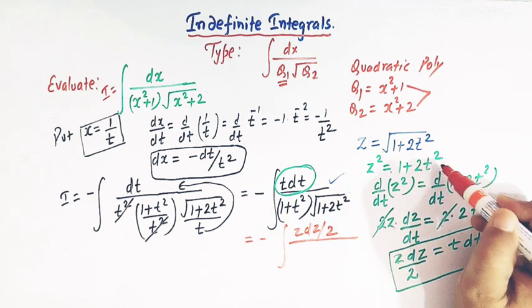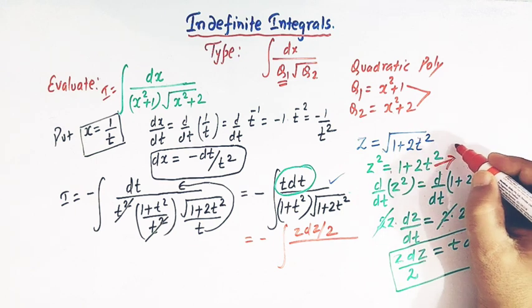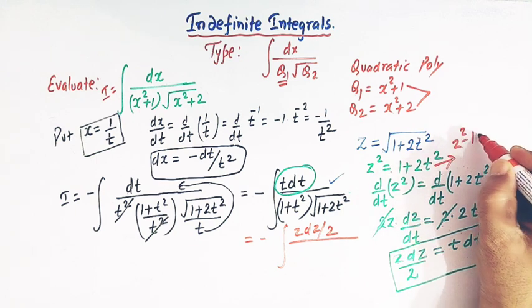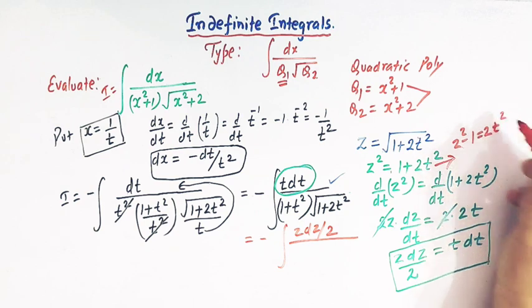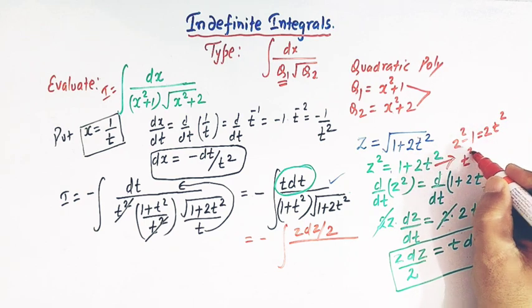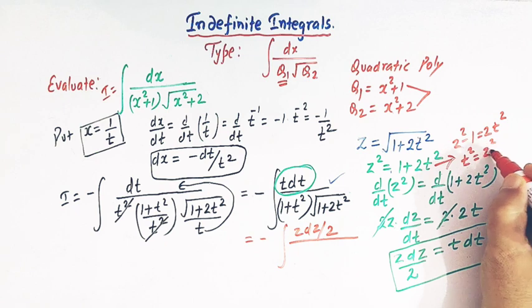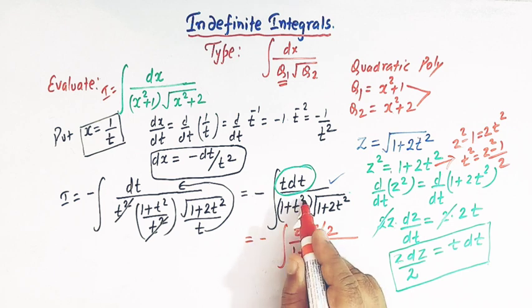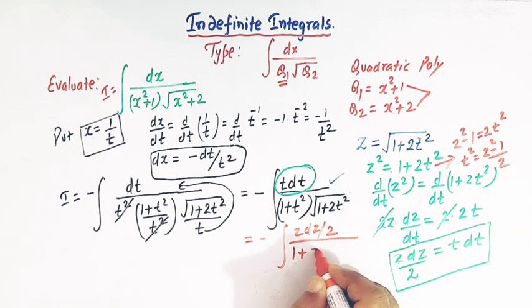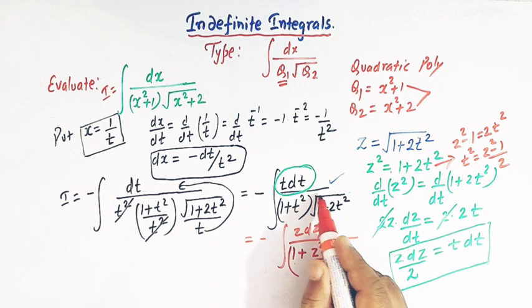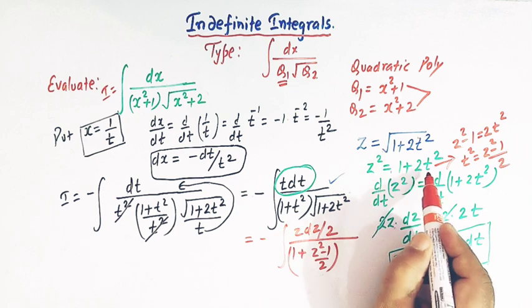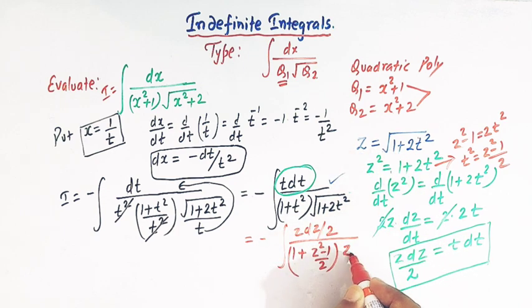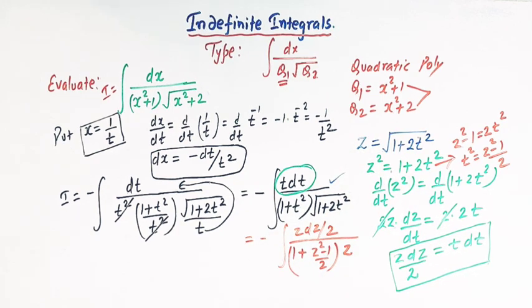So now see, from here we can write z square minus 1 is equal to 2t square, and t square can be replaced by z square minus 1 over 2, right? So here we can write 1 plus t square is replaced by z square minus 1 over 2, and for square root of 1 plus 2t square we can write simply z, right?